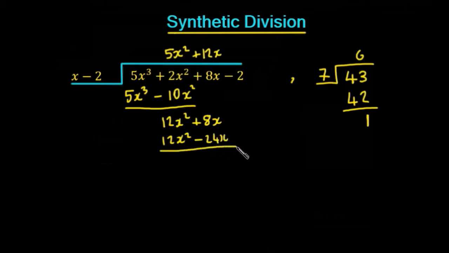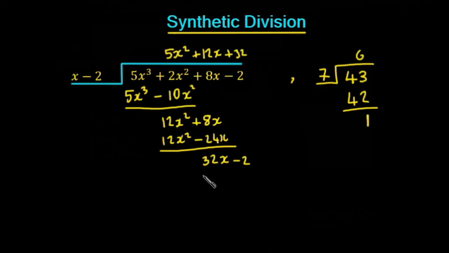So again we can subtract these off, that gives us 0, and this here gives us 32x. Then we can take down our next value here, which is our minus 2, and we can multiply this again by 32, so we'll have plus 32 here.